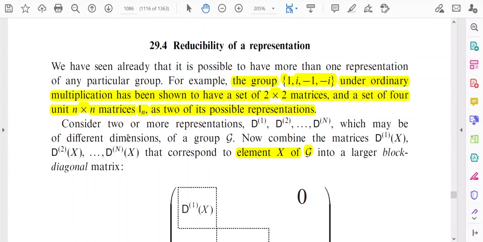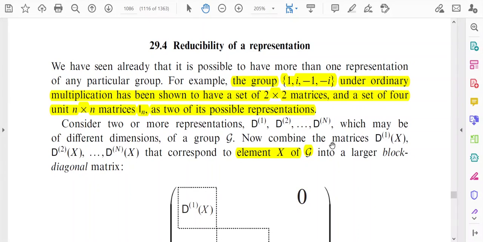Now consider two or more representations d1, d2 up to dn, which may be of different dimensions, of a group G. As we have obtained two representations for this particular group, similarly we consider a group G, and suppose we have obtained different representations such as d1, d2 up to dn.